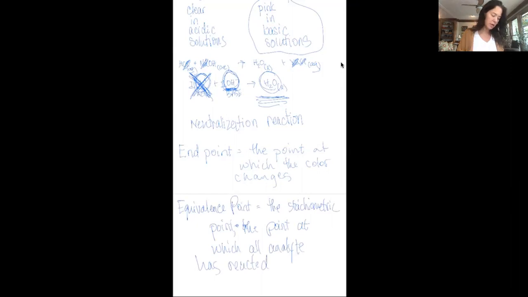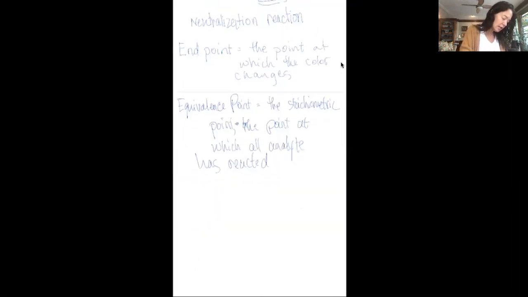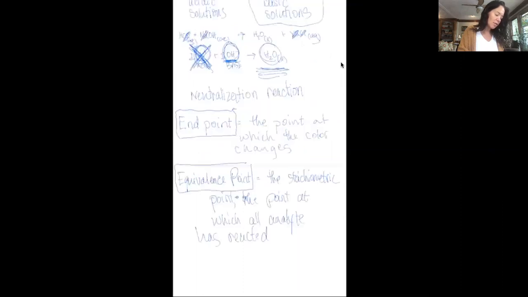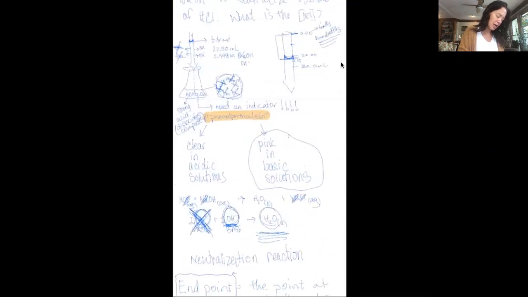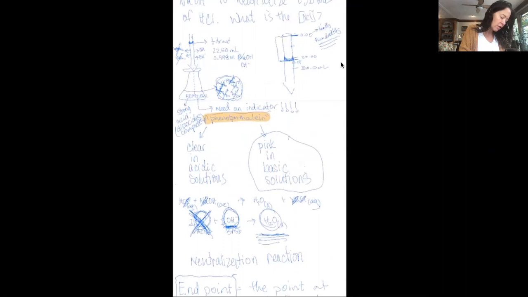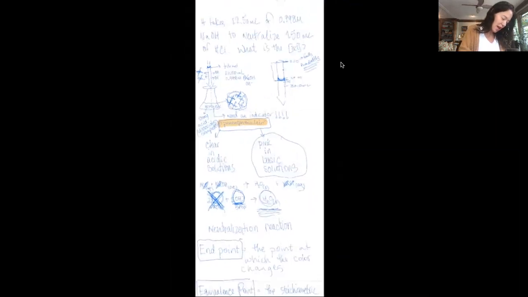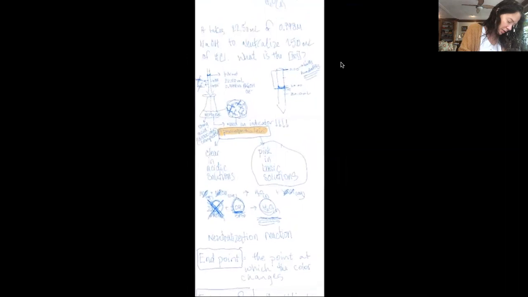That perfect point. You need the color change to occur at the equivalence point. And if we have a strong acid, strong base reaction, phenolphthalein is a good indicator for that. Okay? So now let's go back to our reaction.